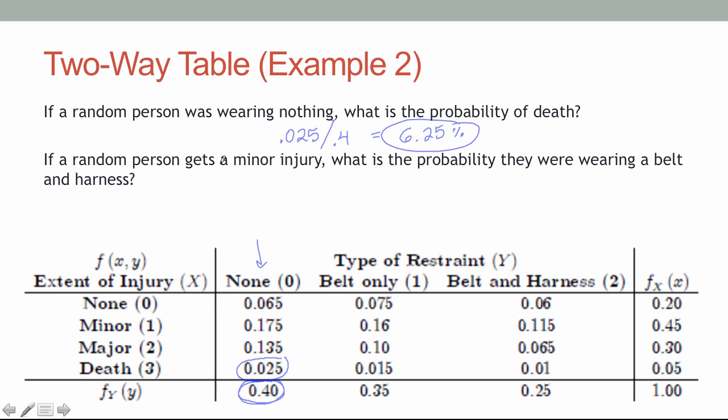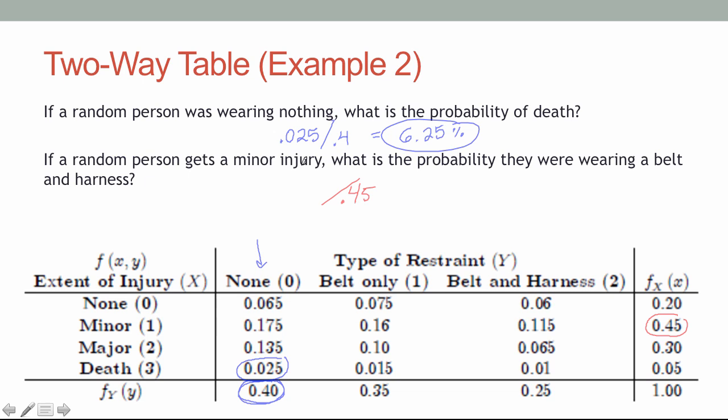If a random person gets a minor injury, there's our qualifier, our condition. So now we're finding minor injuries, and it's this total. So now we're going to do out of that 0.45, or out of that 45% of the population, what is the probability that they were wearing a belt and a harness?